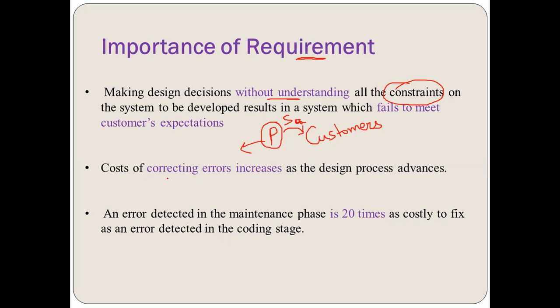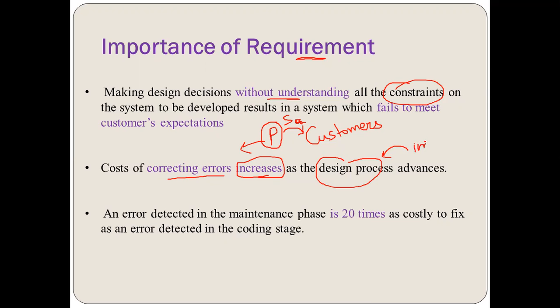Second point is that the cost of correcting errors increases as the design process advances. It means that if we correct the errors in the earlier phases, the cost of recovering from these errors will be lesser than if we correct the errors at a later stage, which will hamper the design process, because the implementation is dependent on the design.